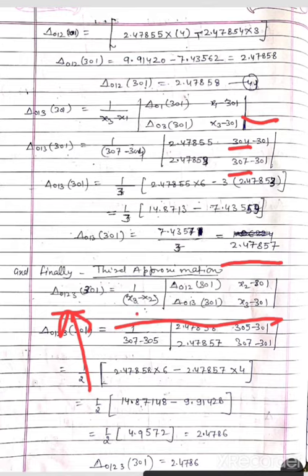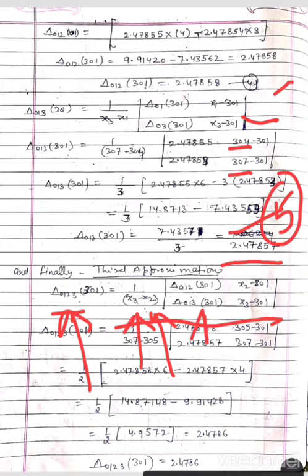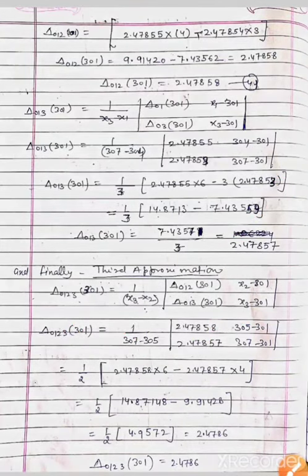We substitute the value of x3, which is 307, and x2 equals 305, and the value of delta 012 is given by equation 4, and the value of delta 013 is given by equation 5 here, and putting the value of x equals 301, we solve all this multiplication and subtraction process.